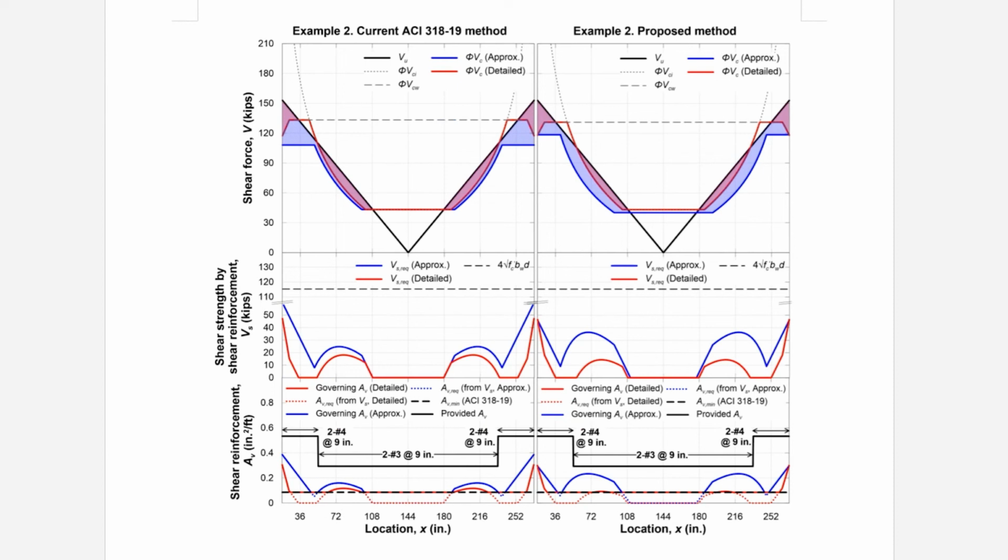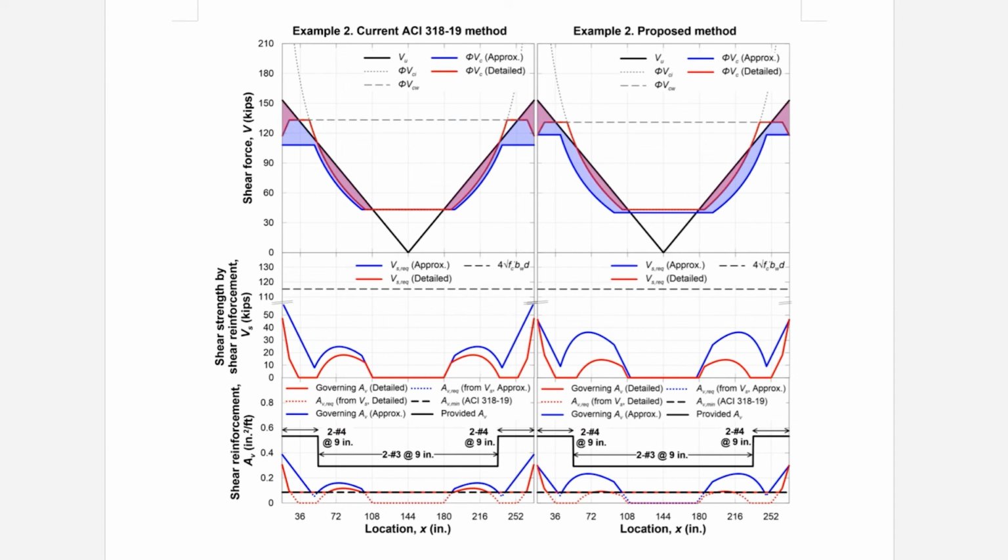The red lines are the approximate method, the green lines represent the detailed method, and the black line is the demand. So the hashed area is the required shear reinforcement area, and it's similar between the existing method and the proposed method.